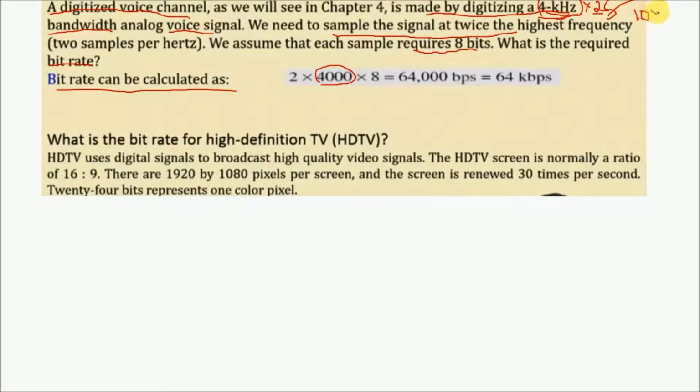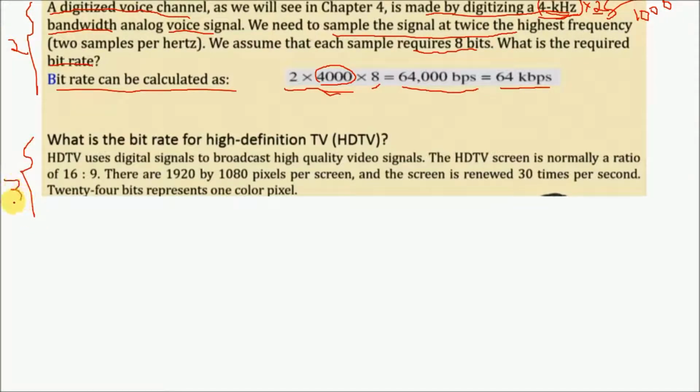Kilo means 1000, so 4 kilohertz means 4000, the sample rate is multiplied by 2, and each sample requires 8 bits. So this will be 64,000 bits per second, and if we convert it into kbps, then it will be 64 kbps. So this is the second problem to calculate the bit rate.